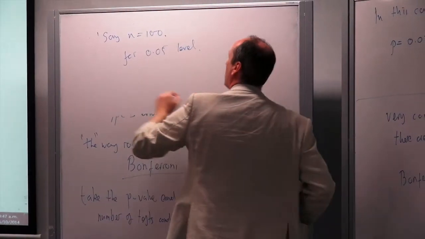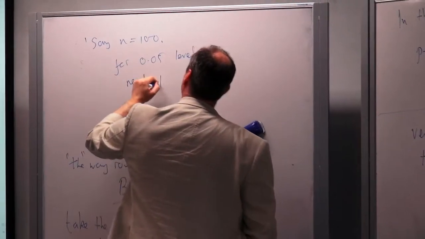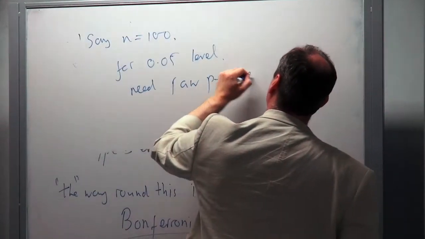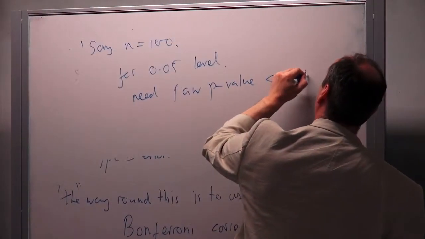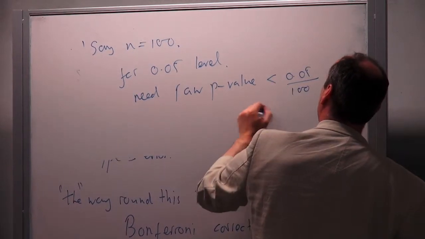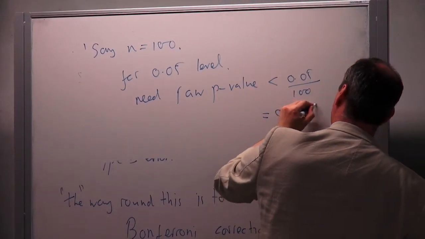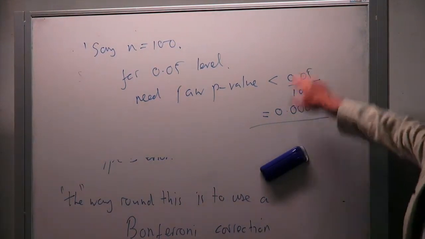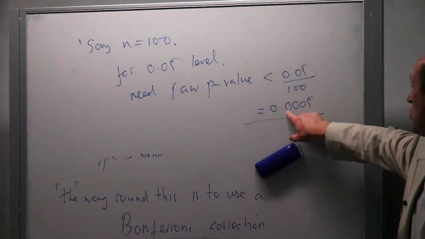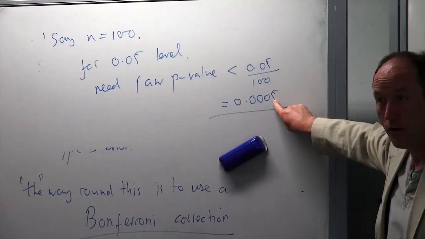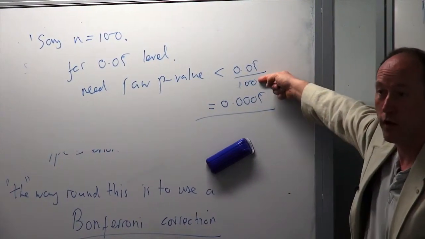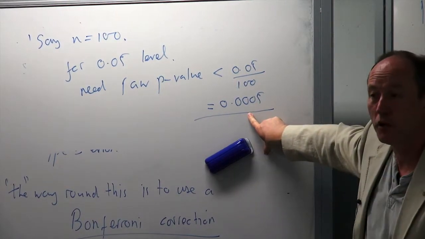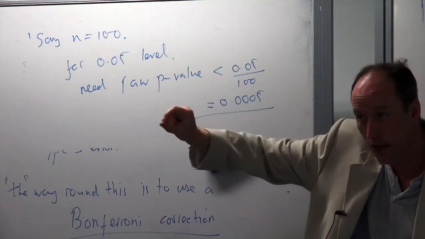For the 0.05 level, you need a raw p-value less than 0.05 over 100. So if your smallest p-value out of 100 is 0.0005, when you correct it by multiplying by 100, you're still below 0.05. But with a large number of tests, you need a teeny tiny p-value.